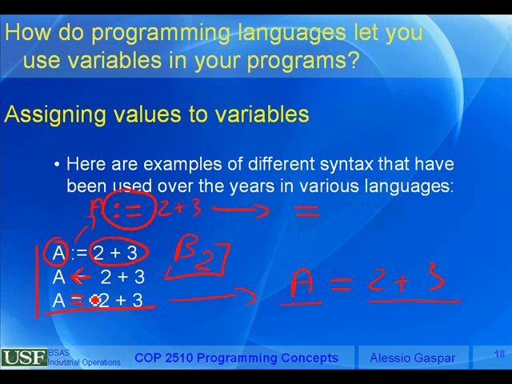If you are using Java, which uses the equal sign already to mean assignment, then equality would be indicated by a double equal sign. Is 23 equal to 57? Well, this is how you would write this condition. 23 double equal 57.